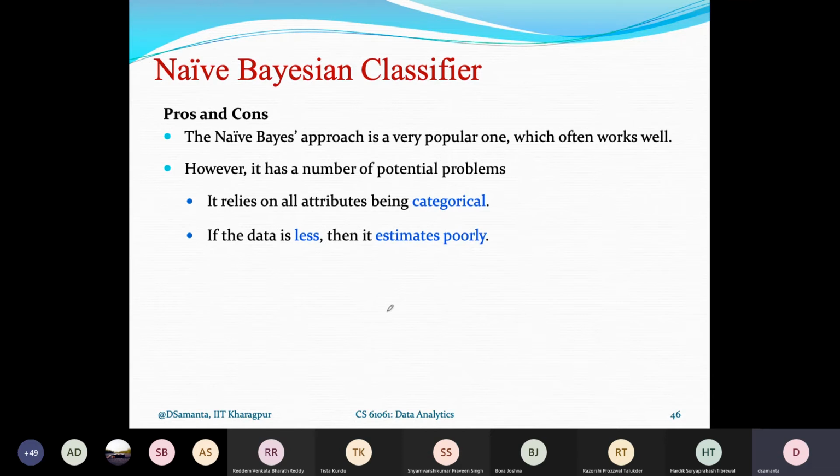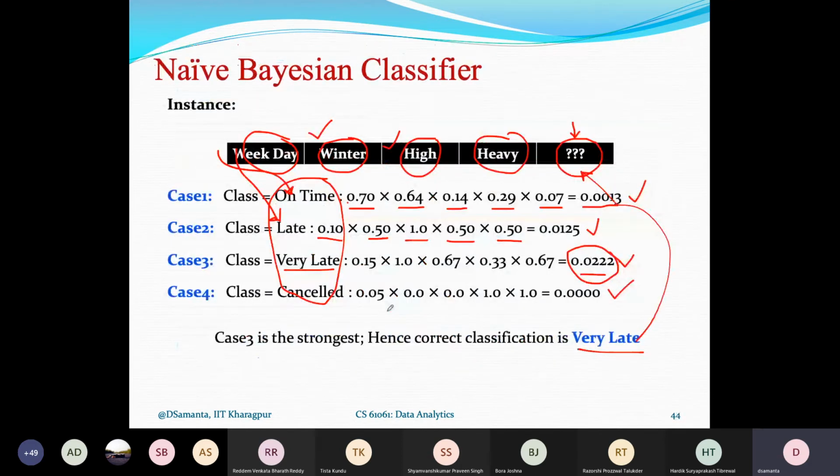So this estimate is very wrong actually. Here, for example, we see the prior probability and the posterior probability for two attributes. It says that fog is high, and in the training data set there is no data for which fog is high.